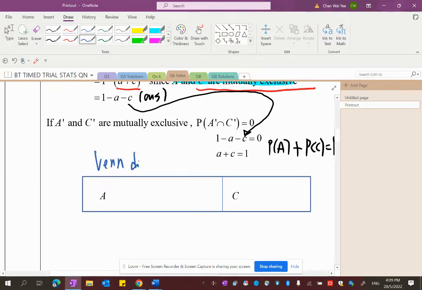Notice that events A and C have no overlap, and together they form the universal set. If you want to, you can also write it like this, universal set. So that is the answer for question 6.